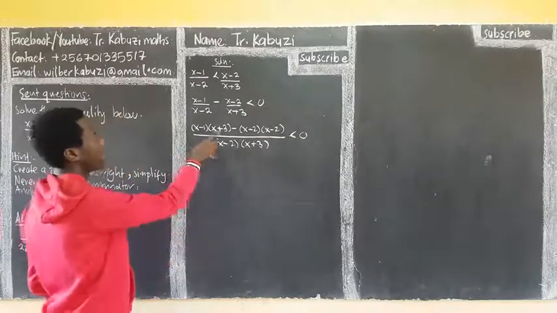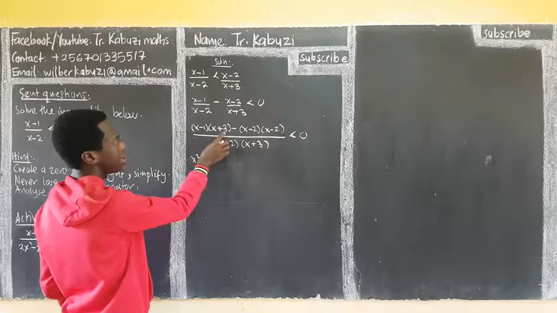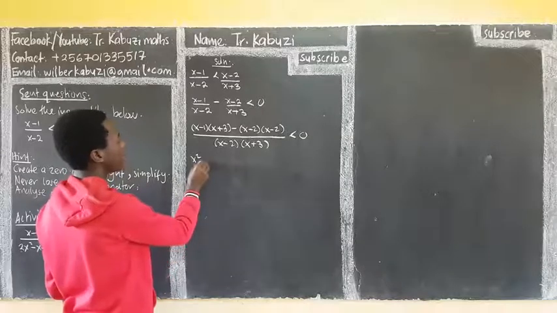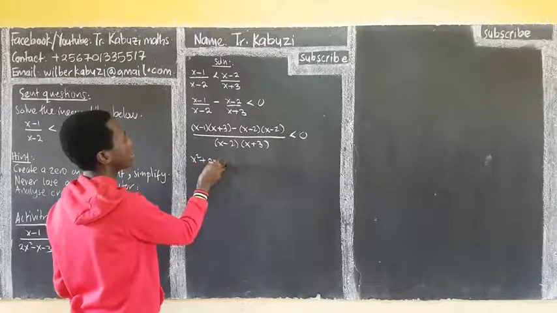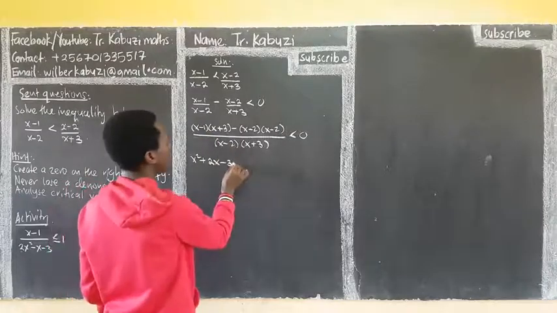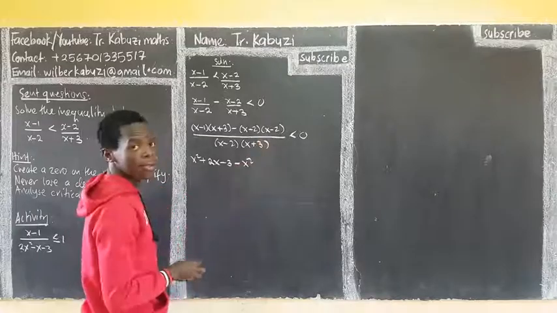So when I simplify this and this, I get x squared, and this will be x minus x, which will be plus 2x, and this minus 3. When I simplify this, I get minus x squared.